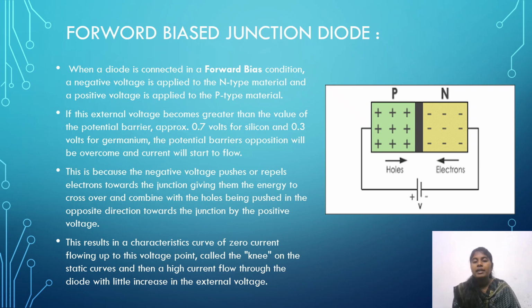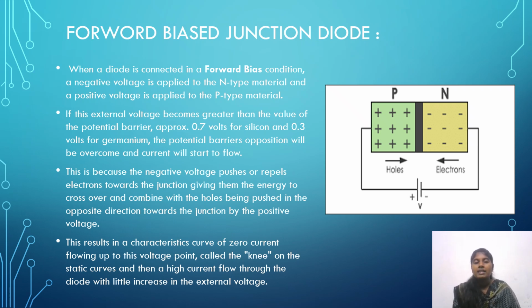The potential barrier opposition is overcome and current starts to flow. This is because the negative voltage pushes or repels electrons towards the junction, giving them the energy to cross over and combine with the holes being pushed in the opposite direction toward the junction by the opposite voltage.